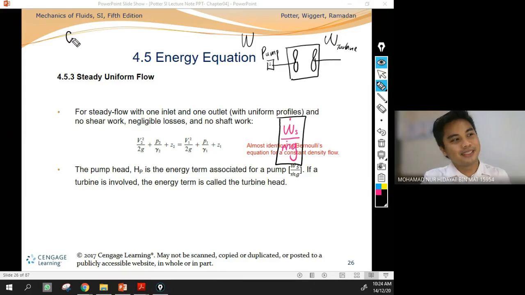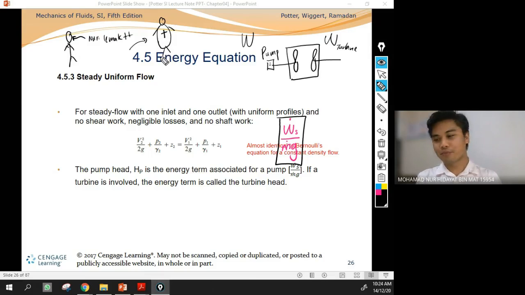For example, this is someone eating nasi lemak. They receive nasi lemak, right? They gain. So when they eat too much, they will gain weight. So they will get fat. So this receive is positive.